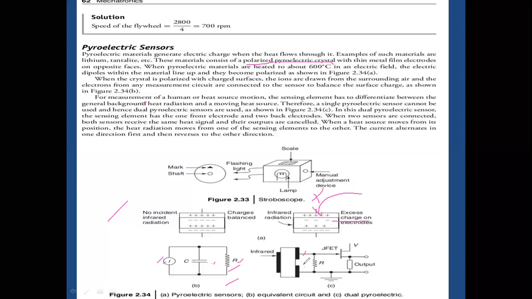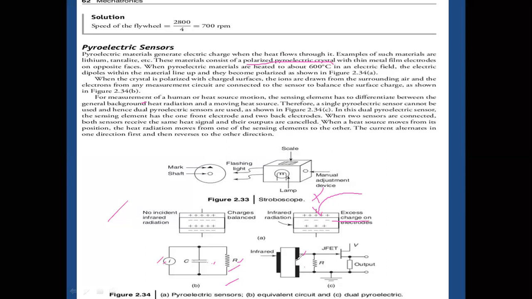The main purpose of these sensors is to differentiate between the motion of the source, the heat source, and the heat radiation waves from one sensing element to the other.